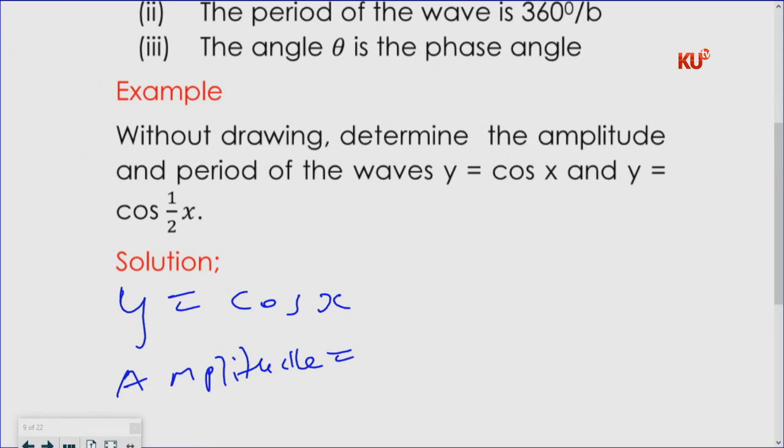For you to get the amplitude, you just look at the coefficient of x. There is a number here that is very silent, and that is 1. It's only that we can't write 1 cos x. So the amplitude will be 1. I'm repeating again: you look at the coefficient of either cos or sine. In this case, the coefficient here is 1.